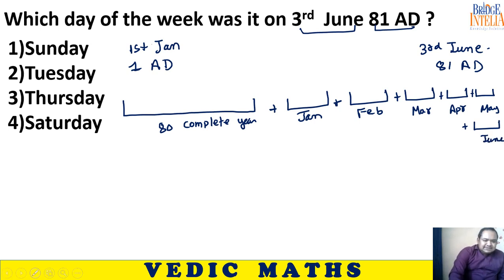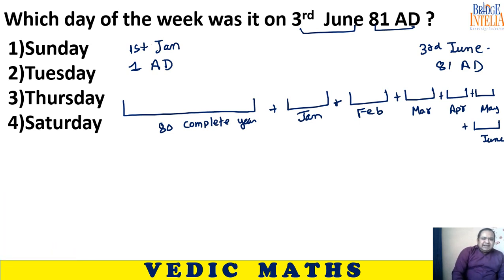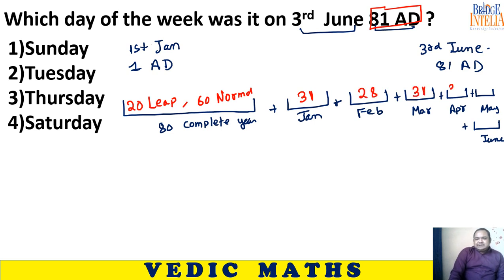So now let's complete this calculation. In 80 years there are 20 leap years and the remaining 60 are normal. January has 31 days. 81 AD is not a leap year, therefore February will have 28 days, March 31, April 30, May again 31, and from June you have taken only 3 days.